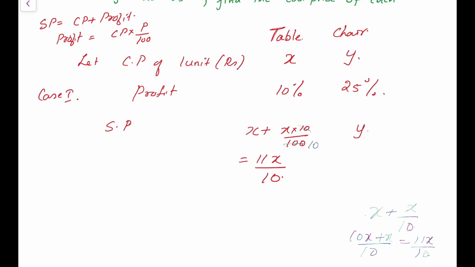Similarly, for the chair, y plus 25y by 100, since it is 25%. 25 and 100 give 4, so you get y plus y by 4. Take the LCM and you will get 5y by 4.